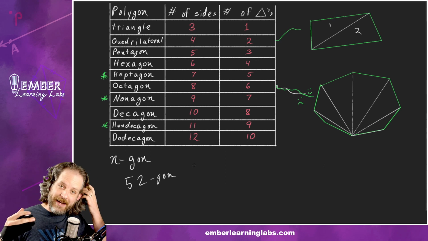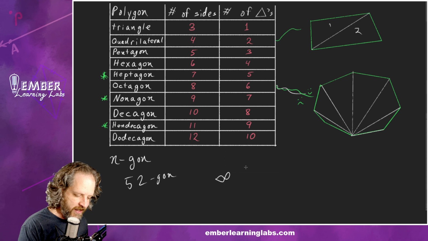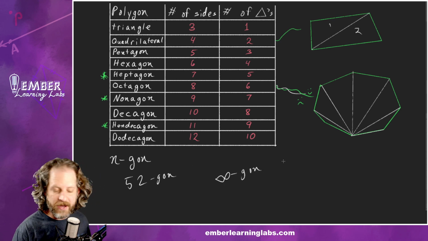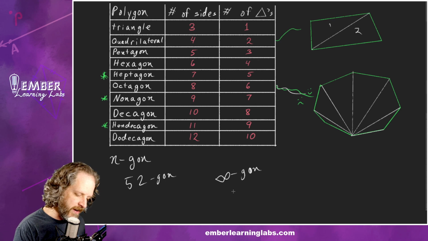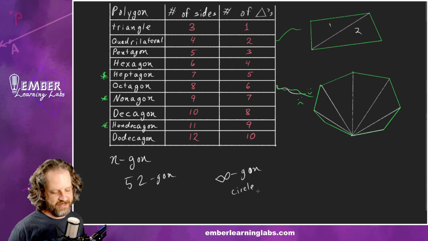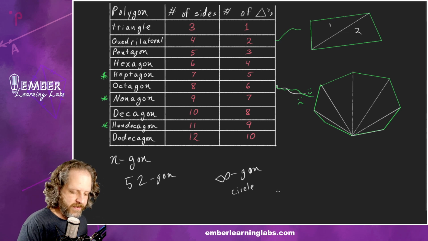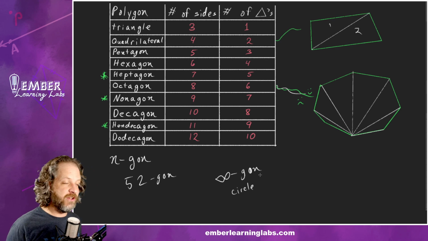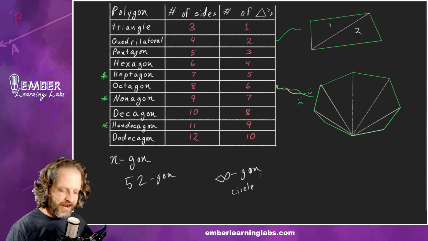Once you have infinity sides, an infinitygon actually is something in particular, because an infinitygon also has a special name. An infinitygon is called a circle. A polygon with infinite sides is a circle, right? Well, that's just more of a trivia bit than useful to this chapter, but throwing it out there.